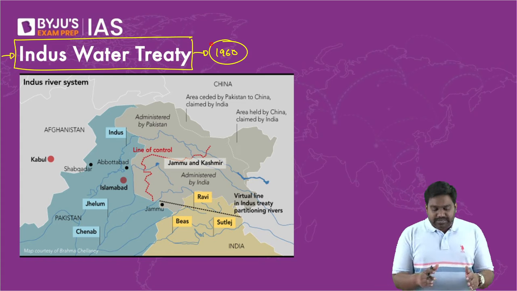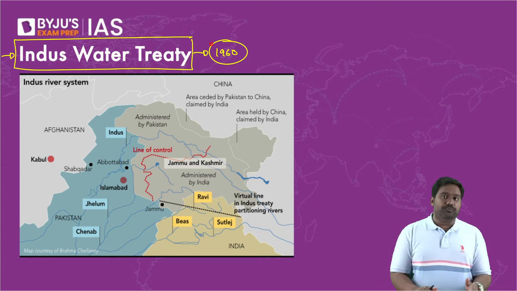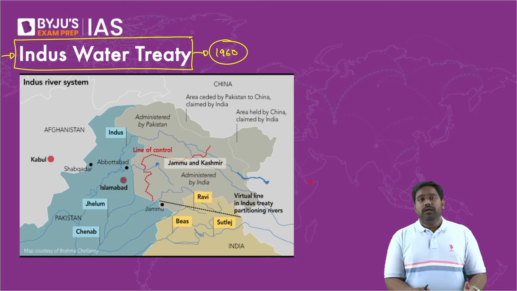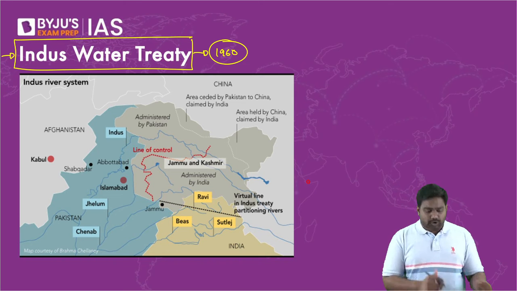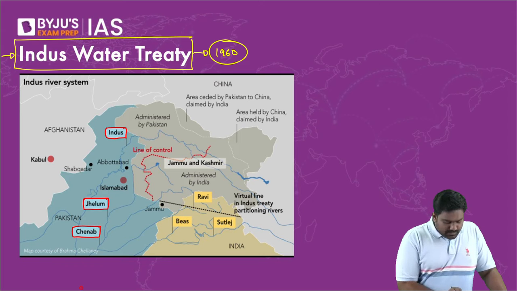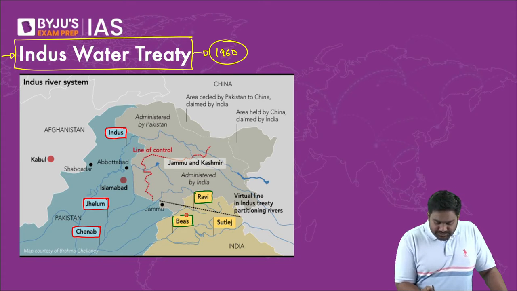The Indus drainage basin, the river basin, is the lifeline of millions of people, both on the Indian side and the Pakistani side. And you have six major rivers which are part of the Indus basin. You have the primary Indus River, Jhelum and Chenab. Then you have Ravi, Bias, and Satluj.